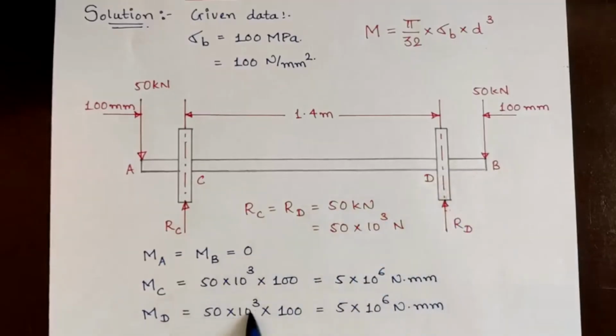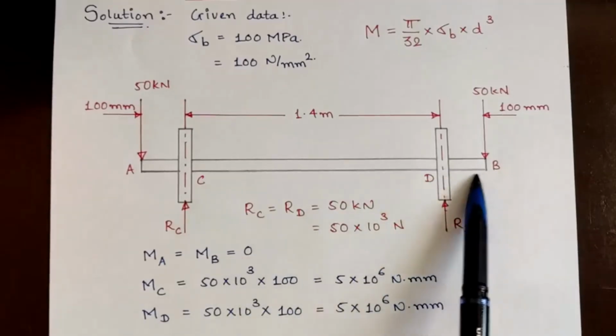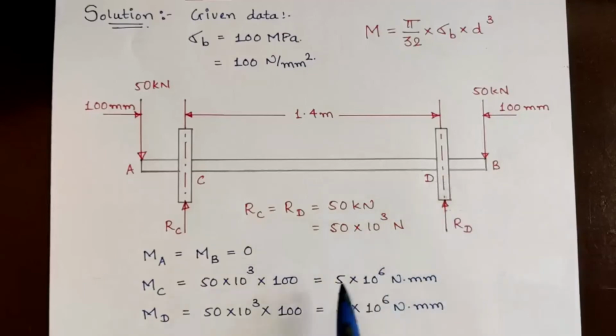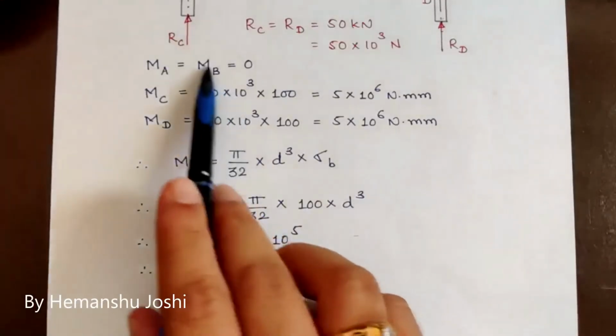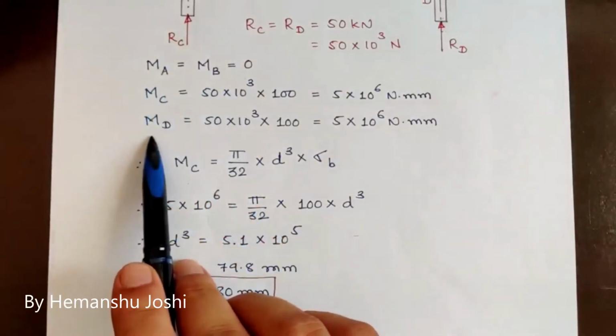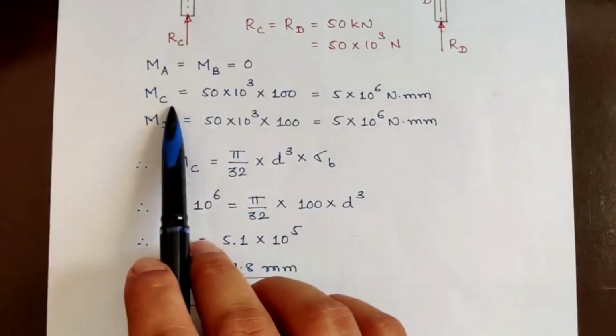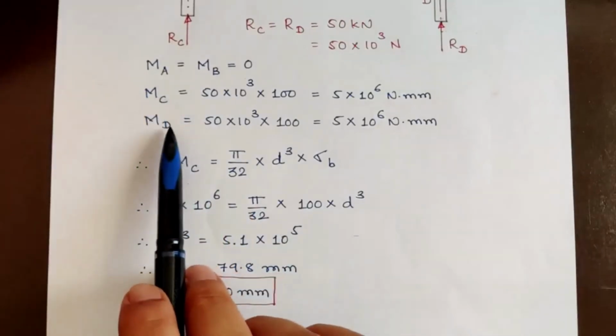So 50 into 10 raised to 3 into distance, again the same 100. So 5 into 10 raised to 6 Newton into mm. From these different values of moment around all the points, we are getting the maximum value of bending moment at points C and D. So that will be our M.